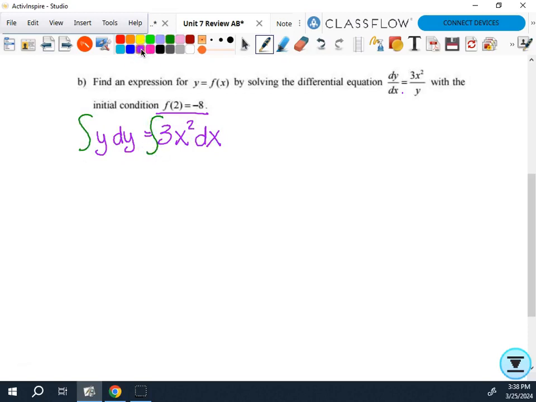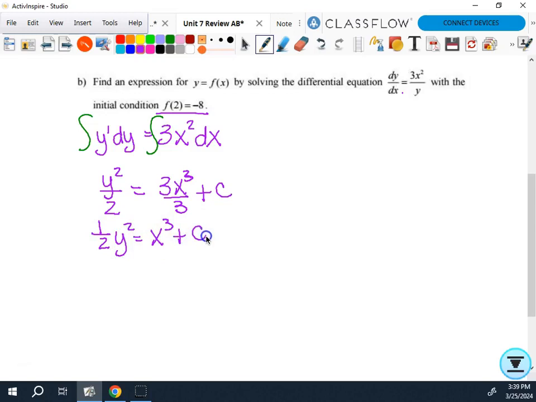So when I integrate y, it's going to make me add 1 to the exponent, which is 1 right now, so it's y squared over 2 equals, and this will be 3 times x cubed over 3 plus c. So that means I have 1/2 y squared equals x cubed plus c.